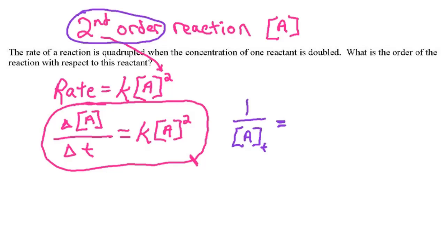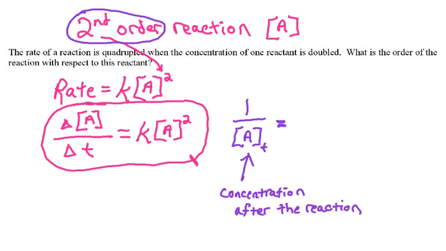This just means whatever the concentration is at the end, the concentration after the reaction. And that's equal to k, the rate constant, times t, the time it took, plus 1 over the concentration of A originally.